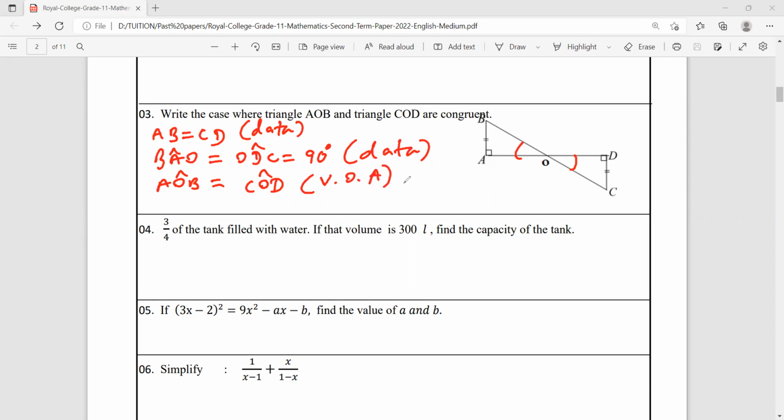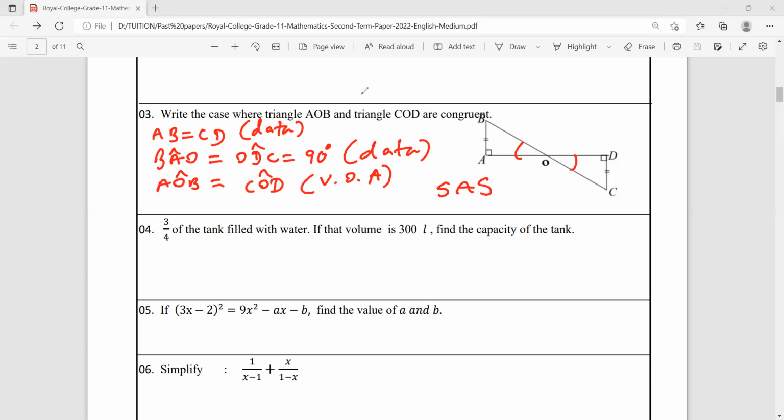So I'm doing it to save time, right? And in this case, the case where these two triangles are congruent is, you can see you have one side, one angle, and another side, right?